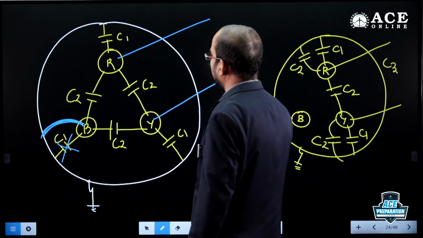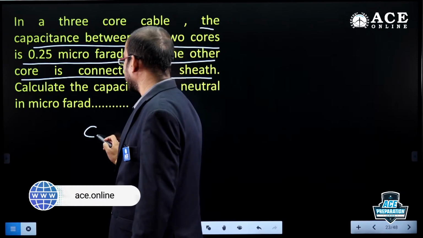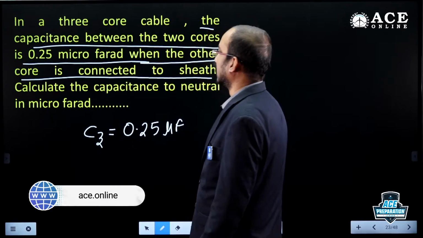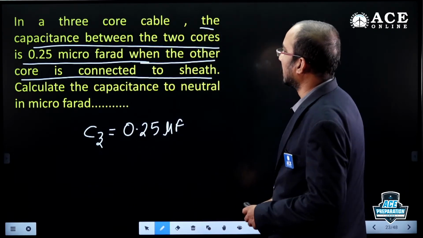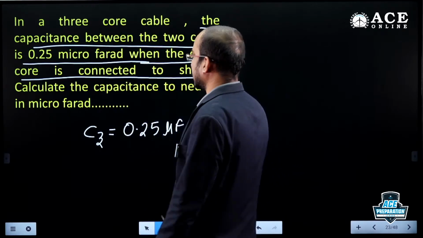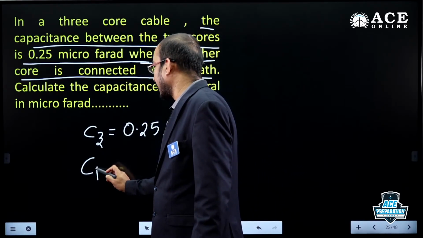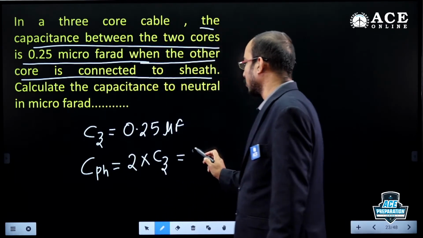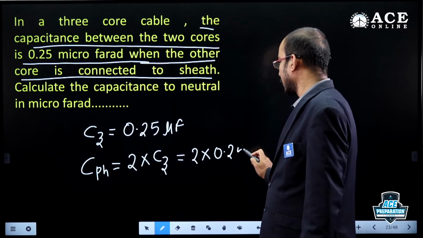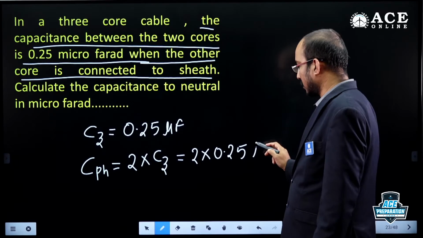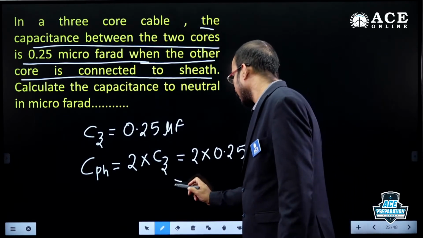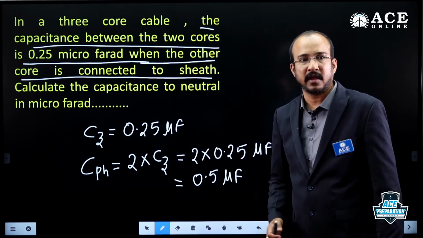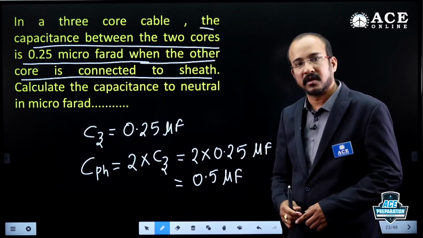If we observe the question, the Cz value is given as 0.25 microfarad, and he is asking to calculate the capacitance to neutral. So how do you calculate? Capacitance per phase is 2 times Cz, that is 2 into 0.25 microfarad. So how much do you get? 0.5 microfarad.